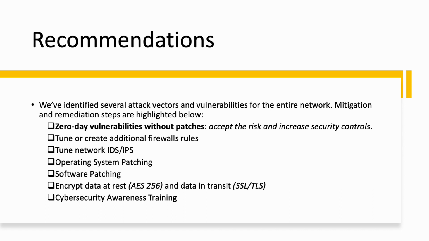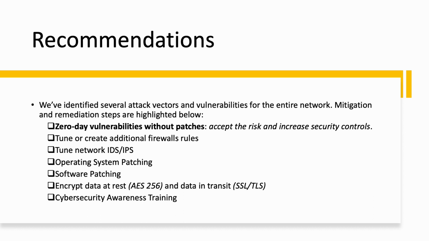Next, to be more proactive with security threats and attacks that may happen in the future, we need to tune and create additional firewall rules. We also should tune the network IDS and IPS for the software supply chain vulnerabilities listed in the vulnerability assessment matrix.